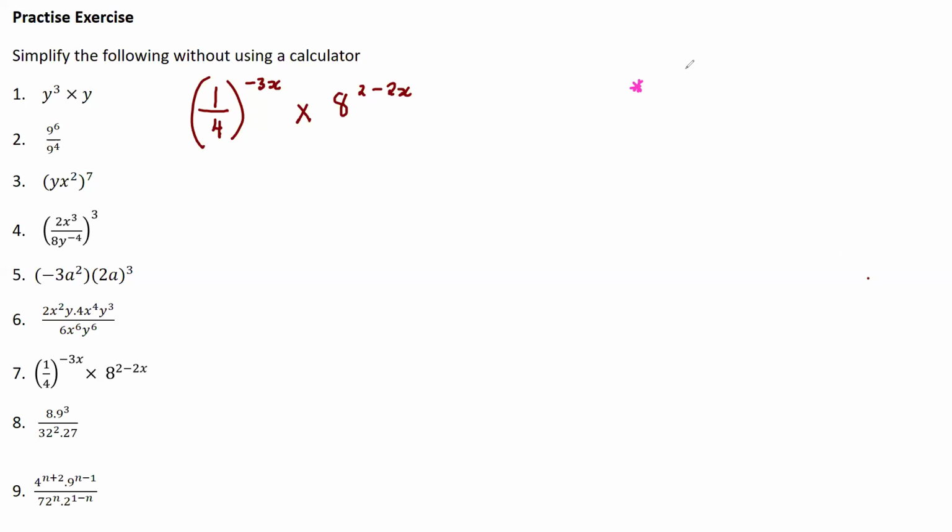Now, it's important to understand that if I write something as 1 over 4, it's as good as writing it as 4 to the power of -1. If this was 1 over 4 to the power of 3, I would write it as 4 to the power of -3.